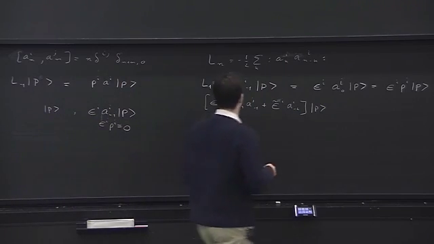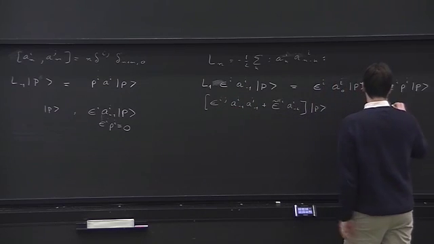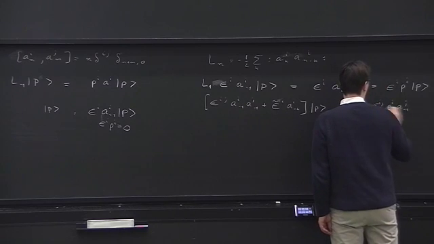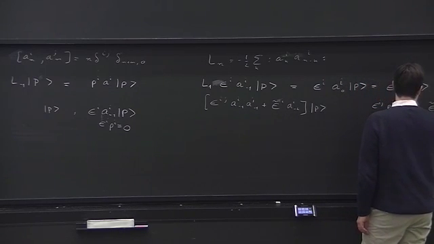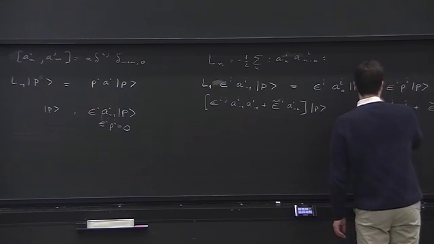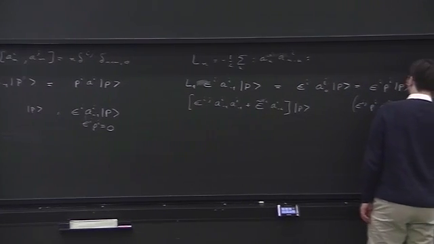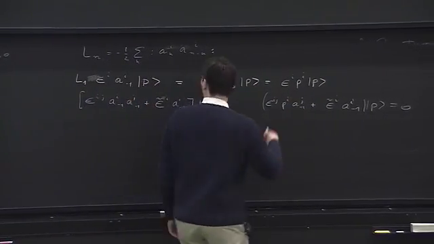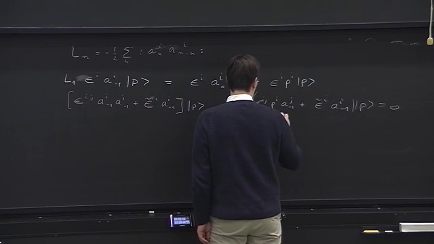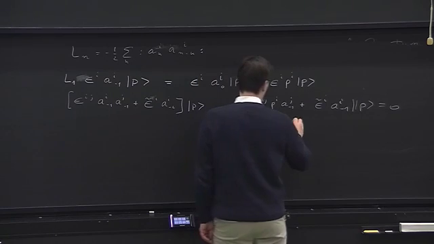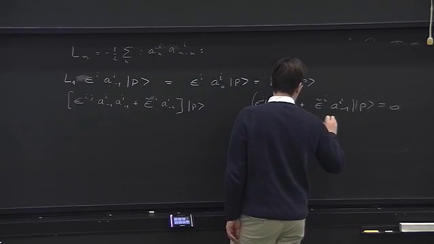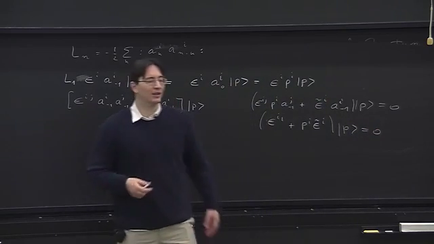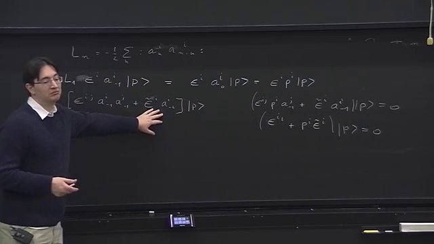You act with L1, you get something like epsilon_ij p_j plus epsilon tilde times A_I minus 1, roughly. You want this to be 0. Then you act also with L2, and you want that to be 0. You get something like epsilon_II plus p_I epsilon tilde_I p equal to 0.